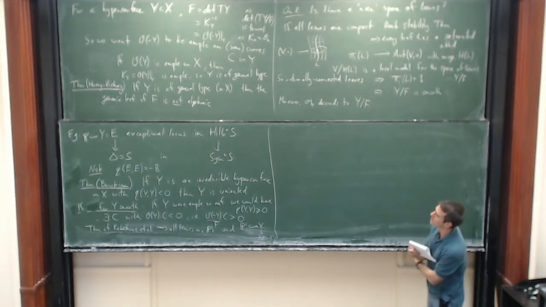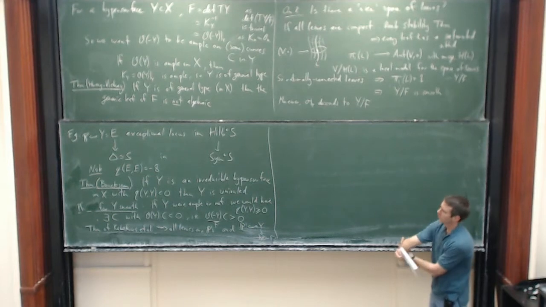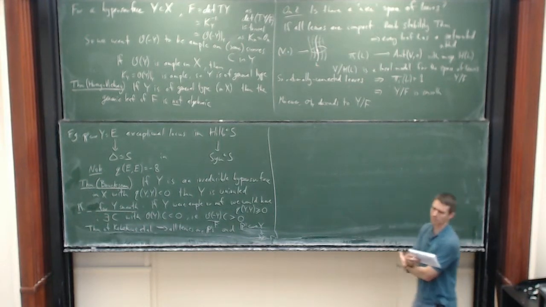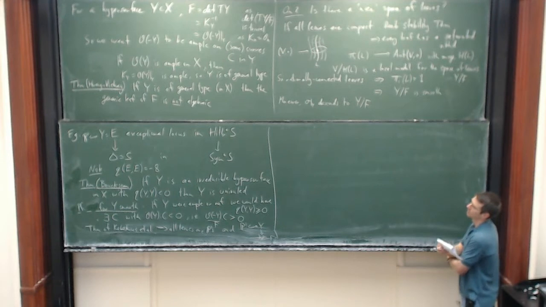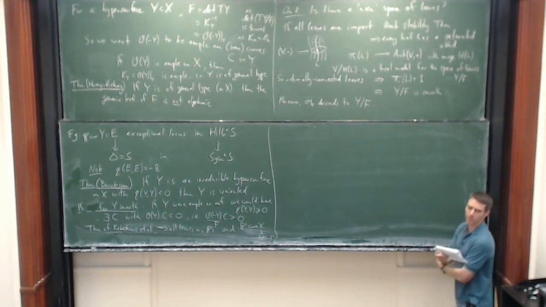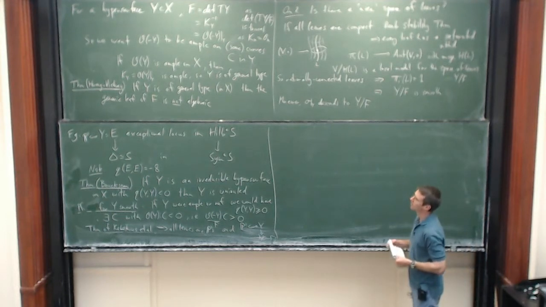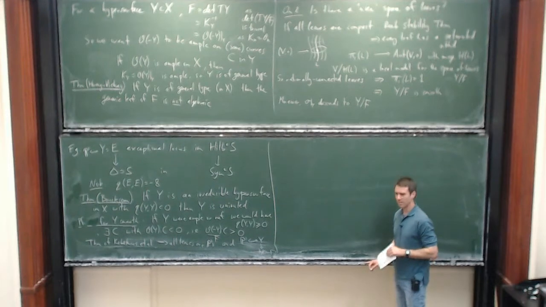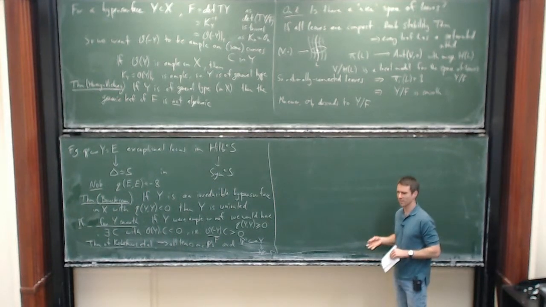What happens when Y is ample and uniruled? I mean, what happens with the foliation? Can it be ample and uniruled? Maybe the uniruling is not in the direction of the foliation then, perhaps.